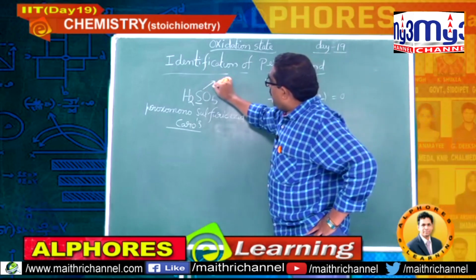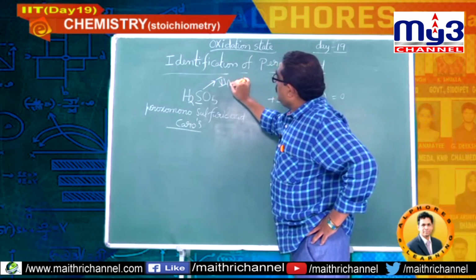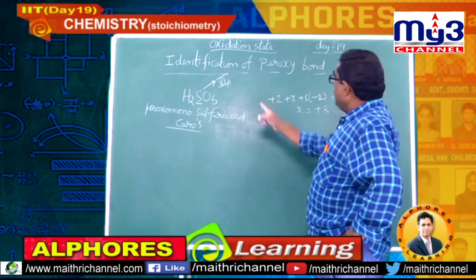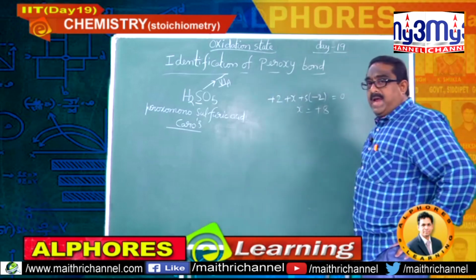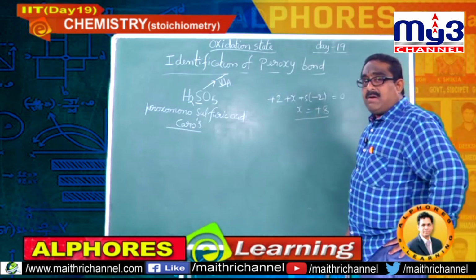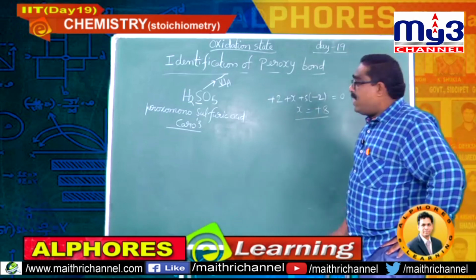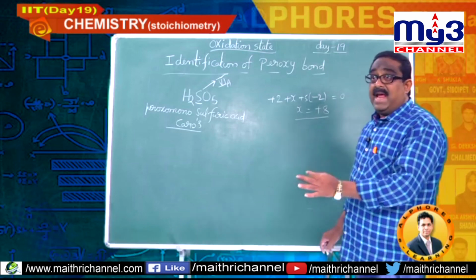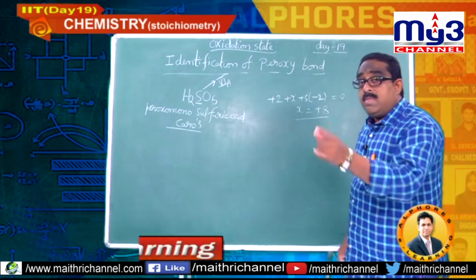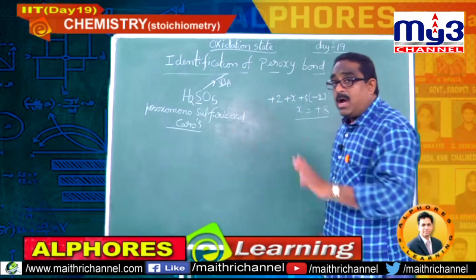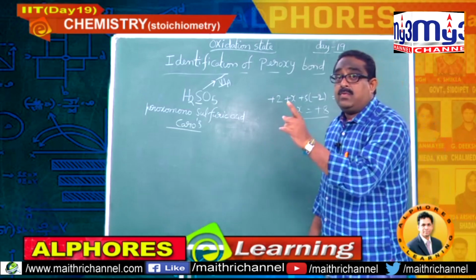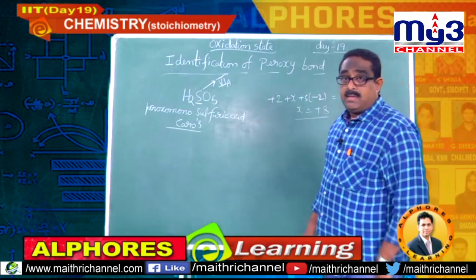But sulfur belongs to the 6th group of the long form of the periodic table. The maximum oxidation state should be +6, but as per our normal rules of calculation of oxidation number, we got +8, more than its group number. So immediately you can come to a conclusion that the compound may contain one peroxy bond.